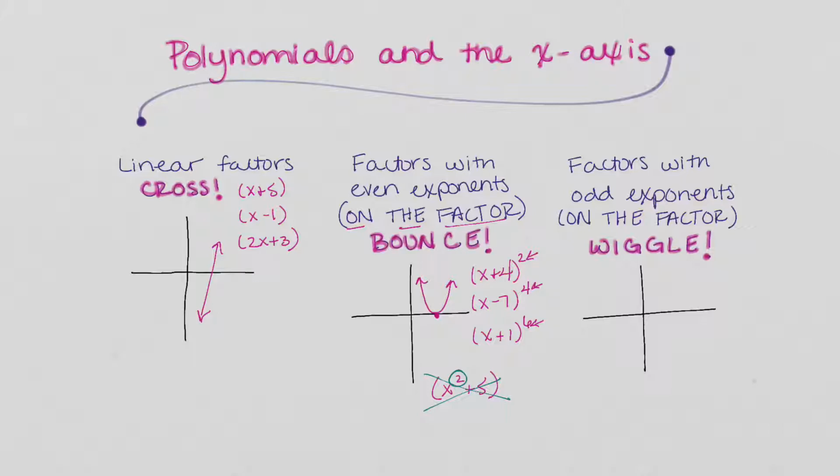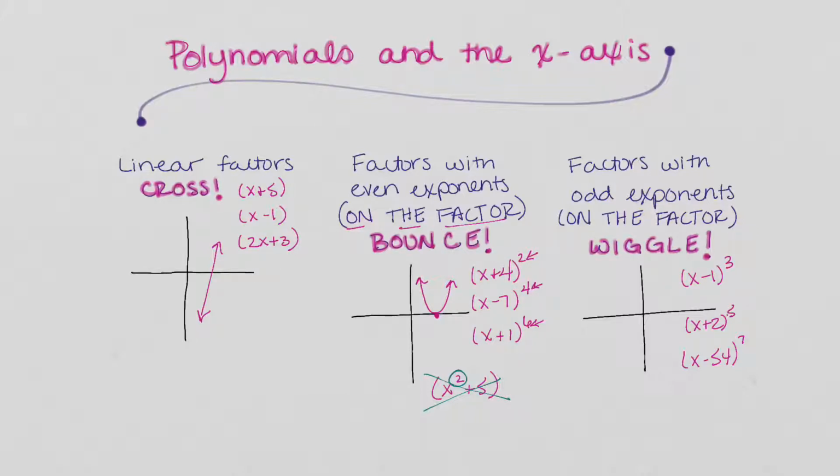or a wiggle. The last type of behavior that we might see with factors is a wiggle through the x-axis, and that happens when you have odd exponents. So for example, (x minus 1) cubed, or (x plus 2) to the 5th, or (x minus 54) to the 7th, which I know everybody wants to graph.